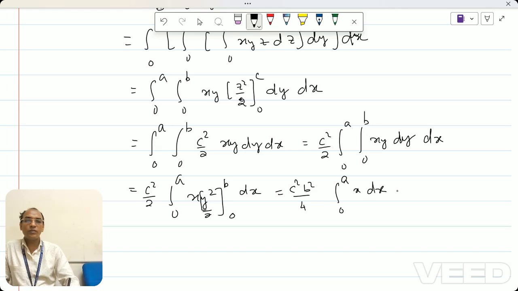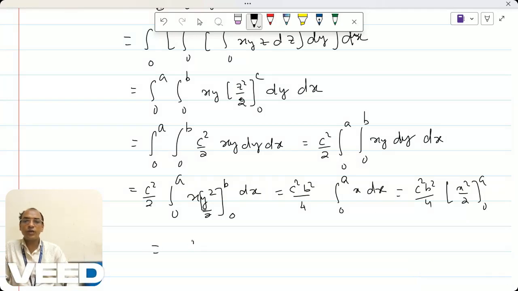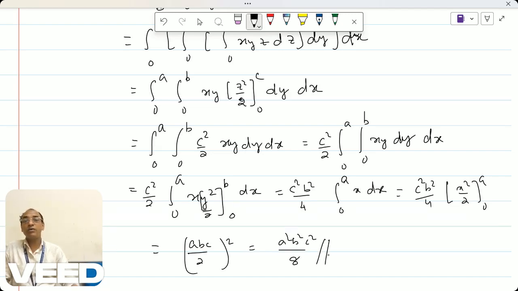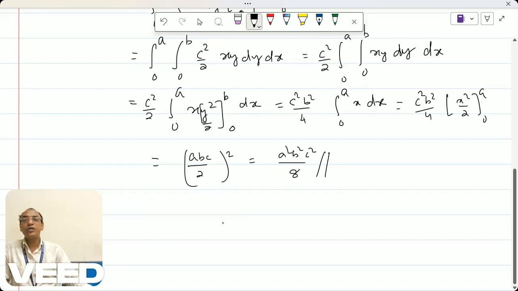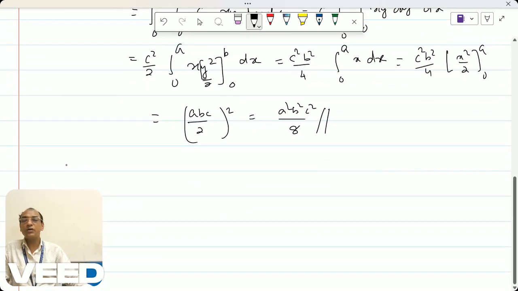So finally what will be the value here? c square b square by 4, integration of x is x square by 2 and 0 to a. And my answer will be a square b square c square divided by 8. So like this we can evaluate the triple integral if the limits of the integrations are constant.